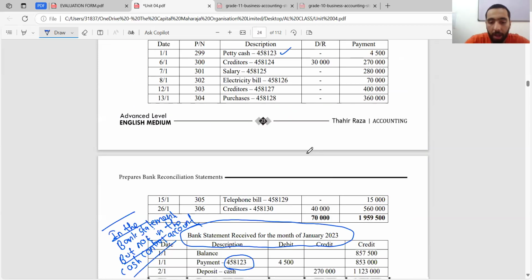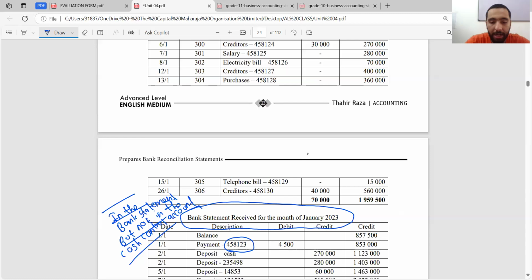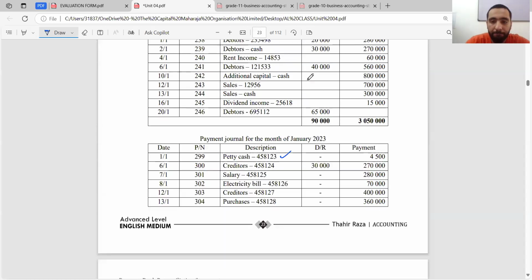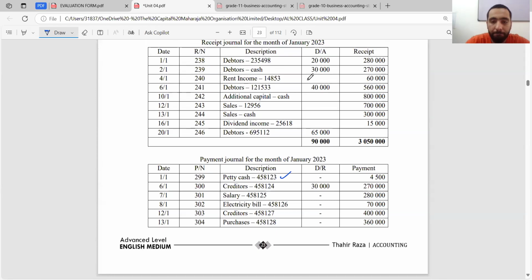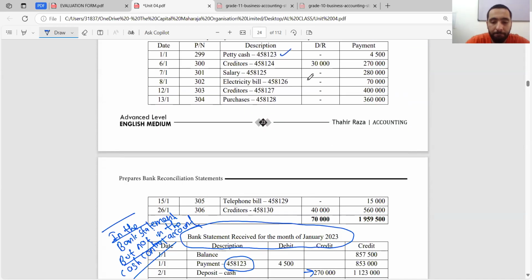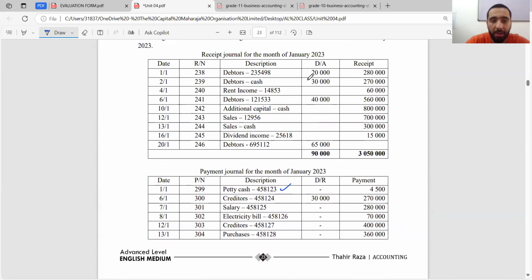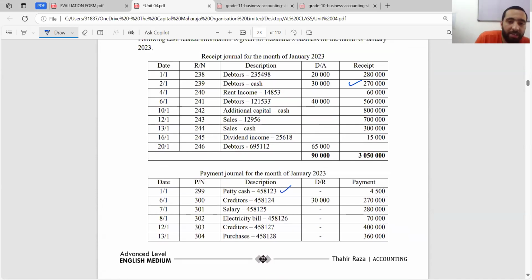And then the next one, deposit cash 270,000. Is it available anywhere here? So this is what you need to keep on reconciling. This is also available here. Debtors deposit cash. Very simple. This is why they are mentioned as cash.